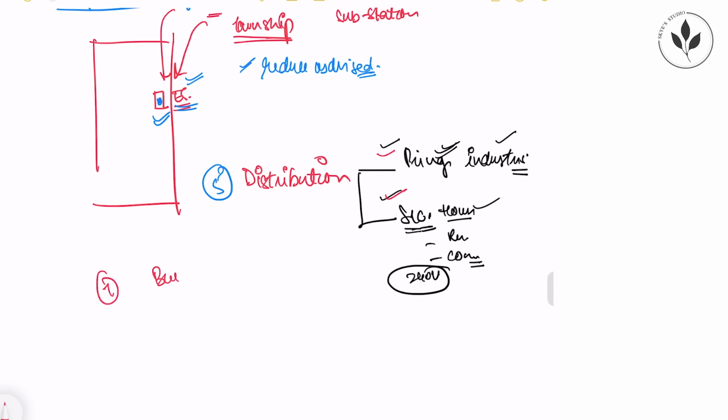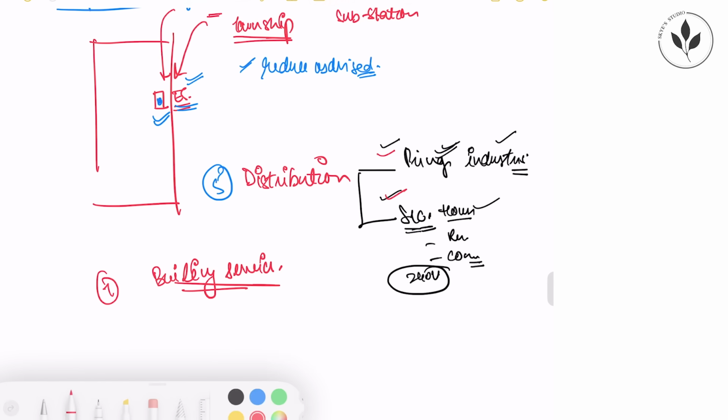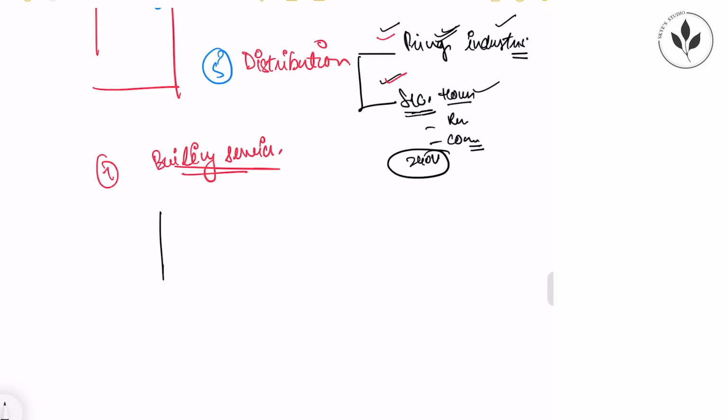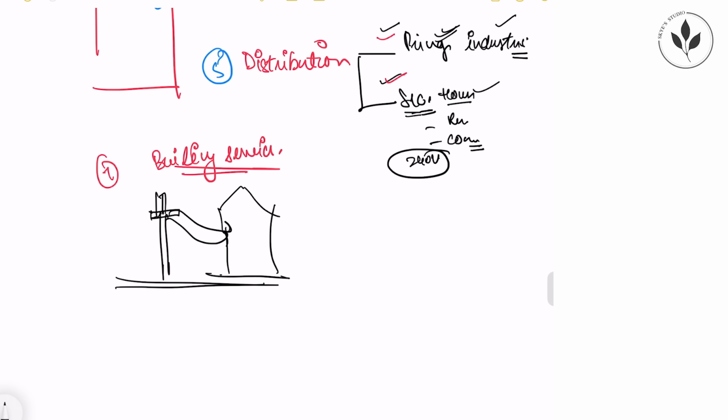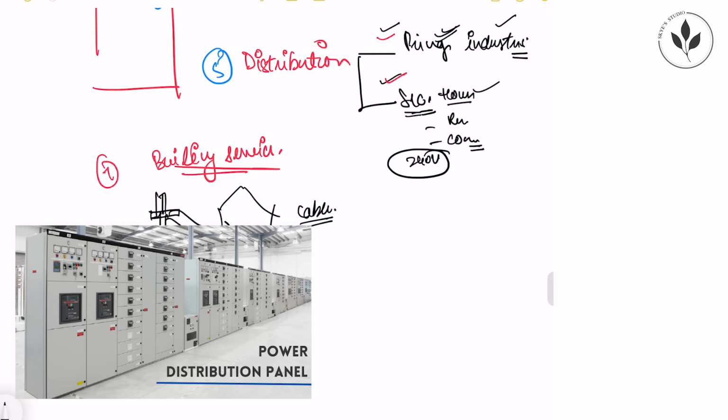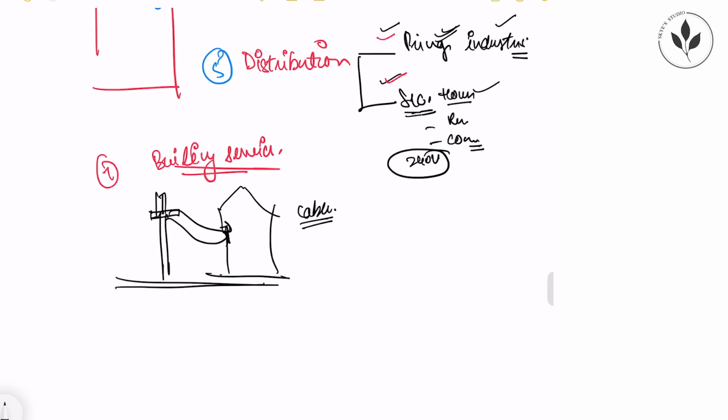And at last, the electricity reaches your building services through your electrical poles. Everyone might have seen small electrical poles installed on the road outside your houses. These are the poles that actually take electricity inside your building, and through the cable service and the step down transformer that you'll have for stepping down your electricity, you'll get the electricity inside your building.